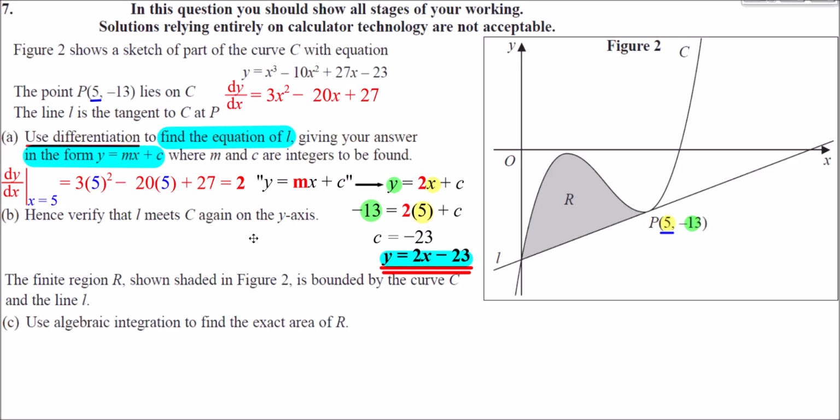The easier thing to do is just to realise and remember, because on some level you will know, that when we cross the y-axis, the value of x is 0. So it's quite clear to see. If we were to substitute x equal to 0 into both equations, then curve C's y-intercept would be nothing, nothing, nothing, minus 23 here.